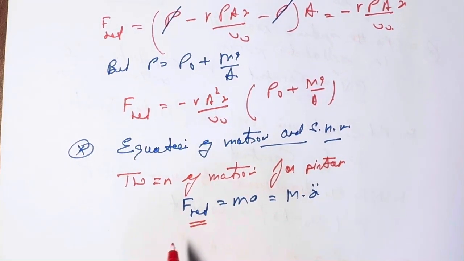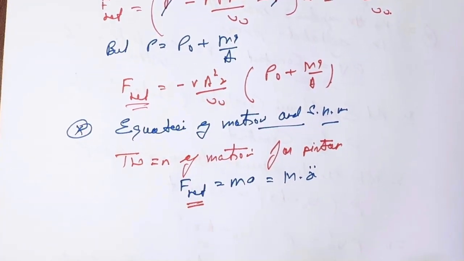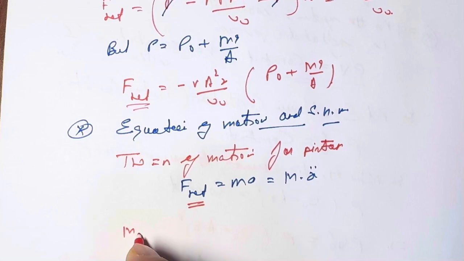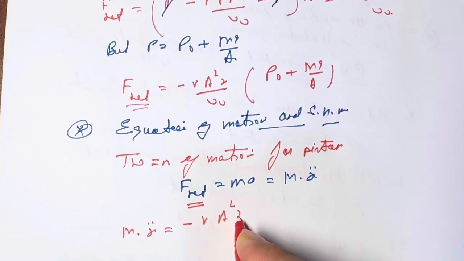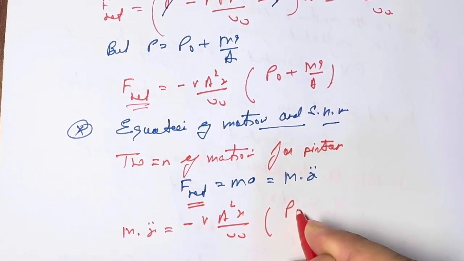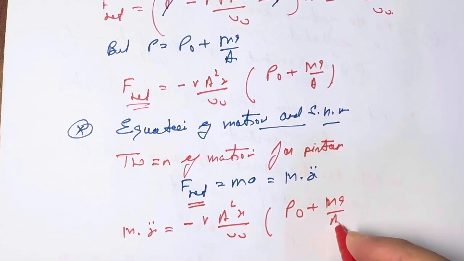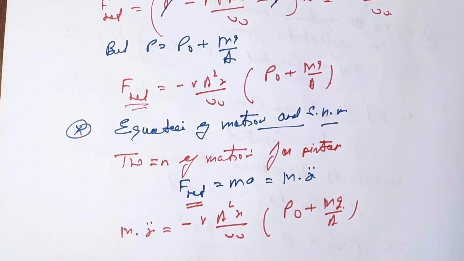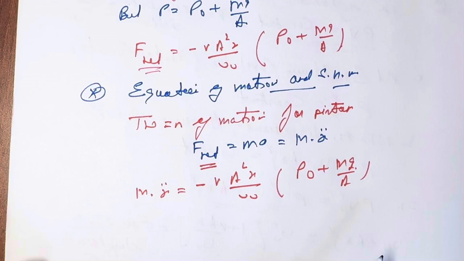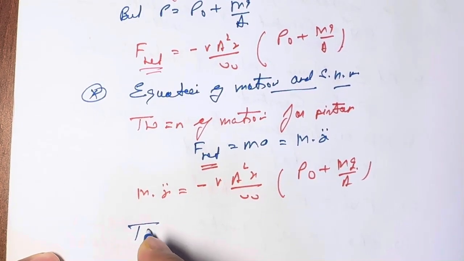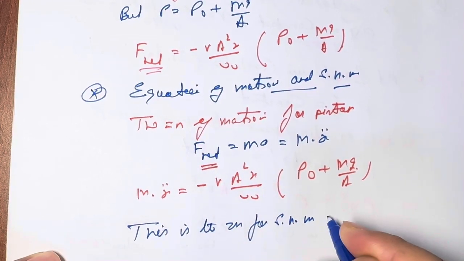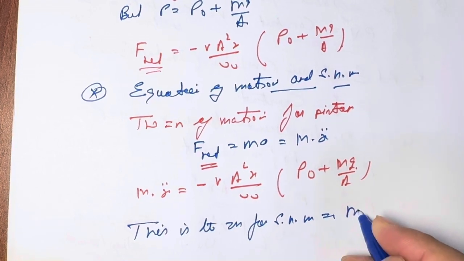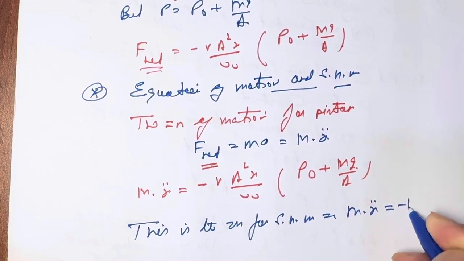This is also a net force, so we can equate them and we can write that m x double derivative is equal to minus gamma A square x upon V naught times P naught plus mg upon A. And this is nothing but the equation for SHM, which is given as m times the double derivative of displacement equal to minus kx.